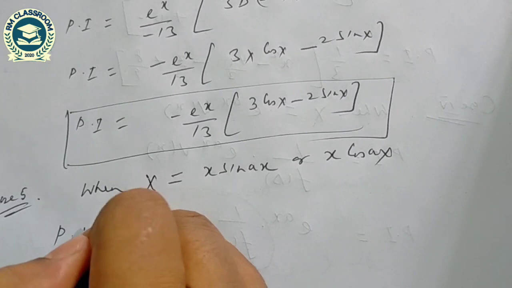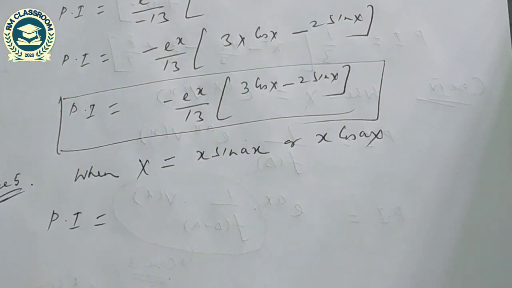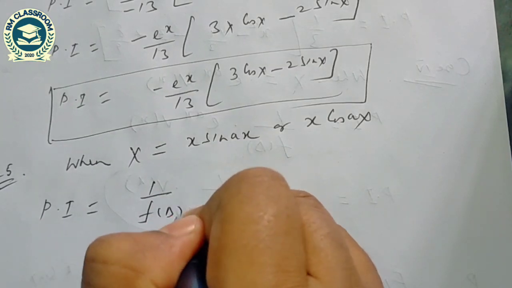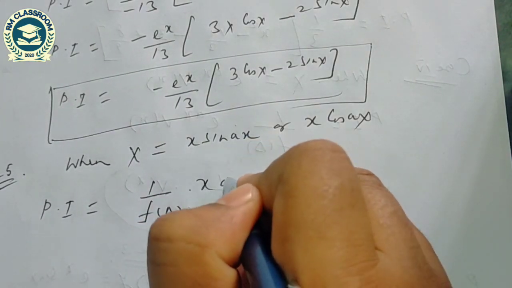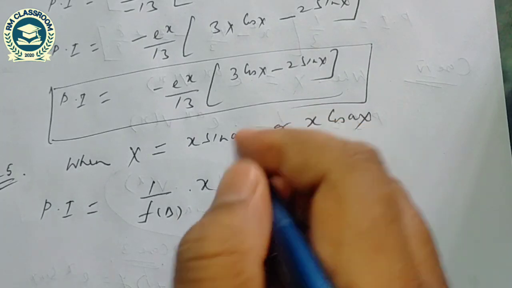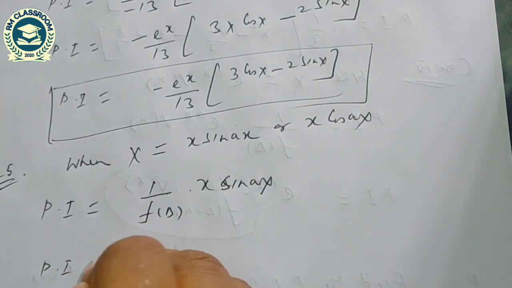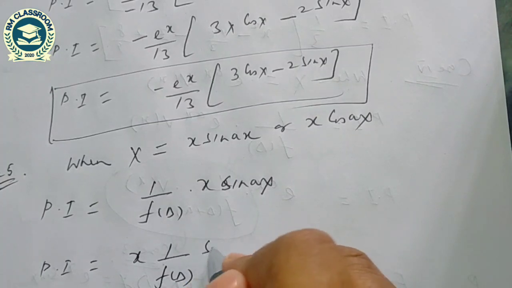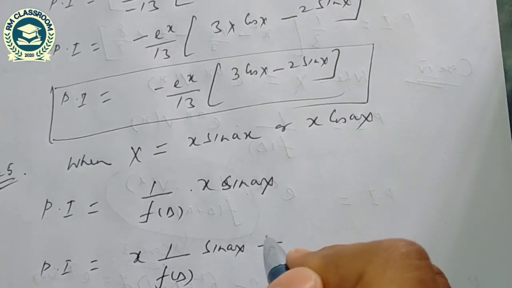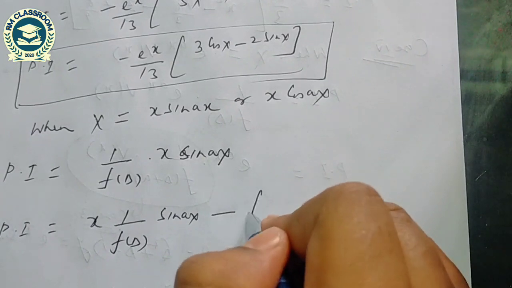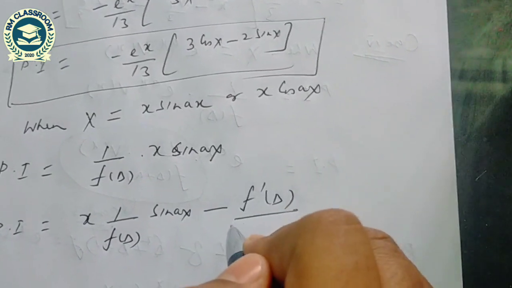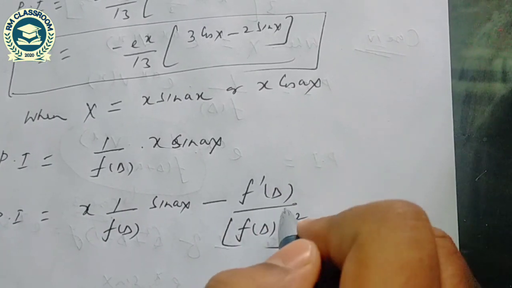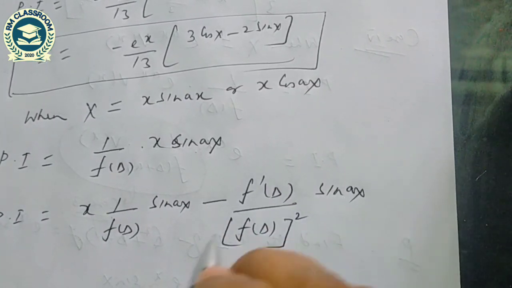So the particular integral for this type of function, 1 by f of D, x sin ax, is equal to x 1 by f of D sin ax minus f dash D divided by f of D whole square into sin ax.